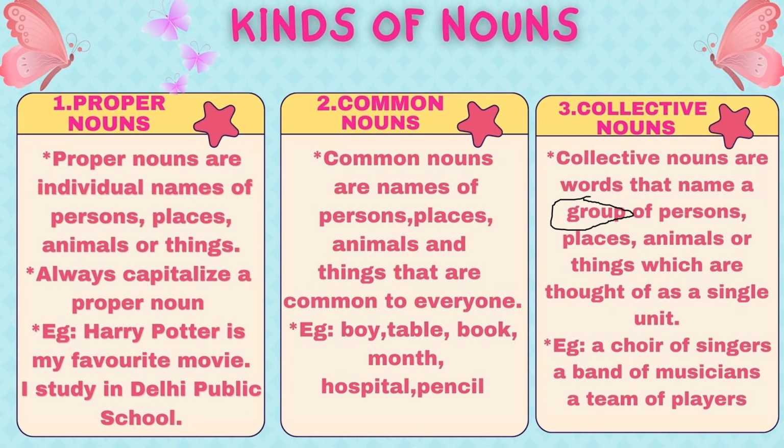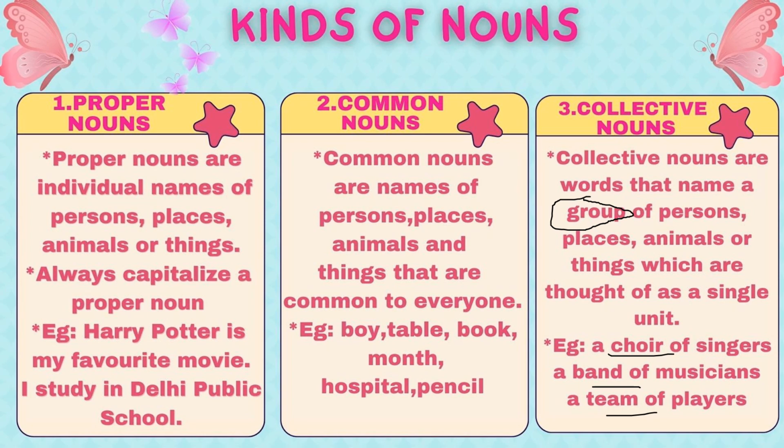Now, from this we have understood that collective nouns are the name of a collection, group of people or things of the same kind. Here we have few examples like a band of musicians, a team of players, choir of singers. So here these words, choir, band, team, these all are examples of collective nouns.